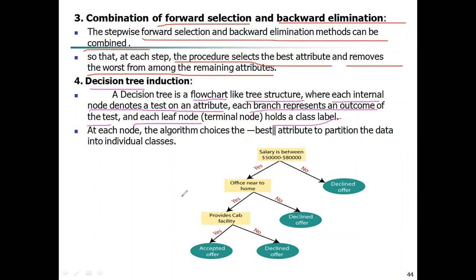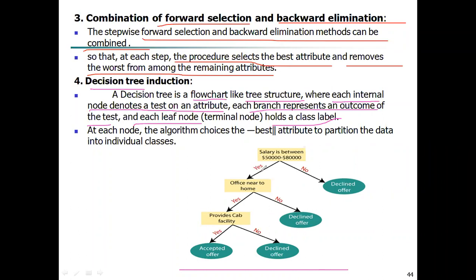For example, assume this is one example of a decision tree. So why do we call this tree a decision tree? Based on its outcomes, we are going to decide something. That's why this tree is called a decision tree.